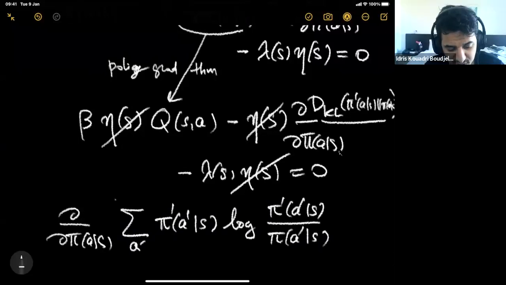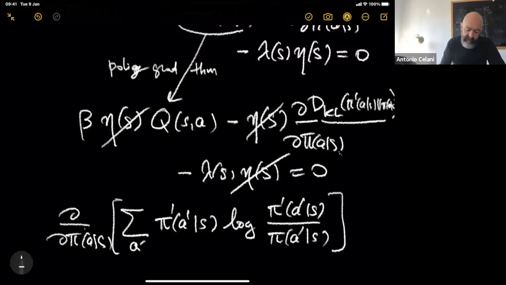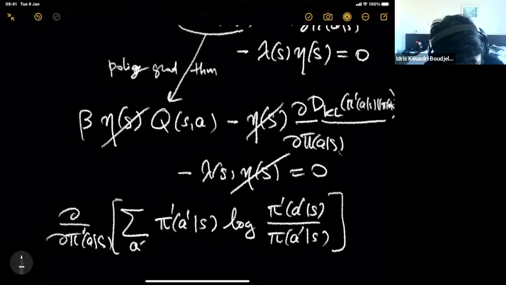I think the derivative is with respect to pi prime. Derivative is with respect to pi prime. Yes, thank you.